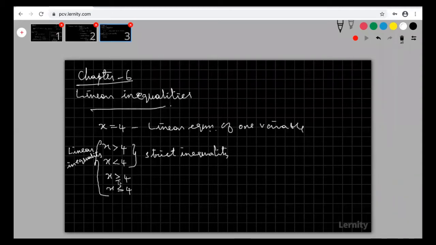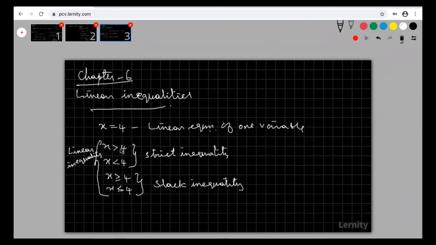Sir, here equal to is given. Yes, if equal to is given, these two are called slack inequalities. If equality is given, that type of inequality is called a slack inequality.